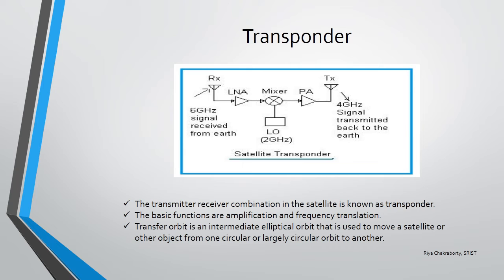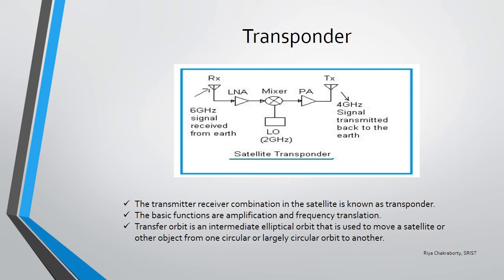The transmitter receiver combination in the satellite is known as a transponder, and its basic functions are amplification and frequency translation.